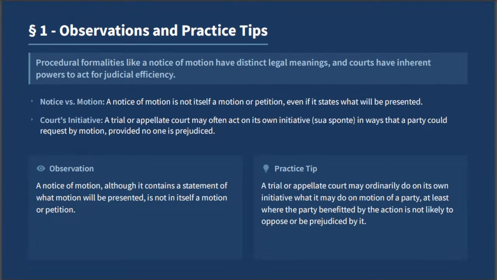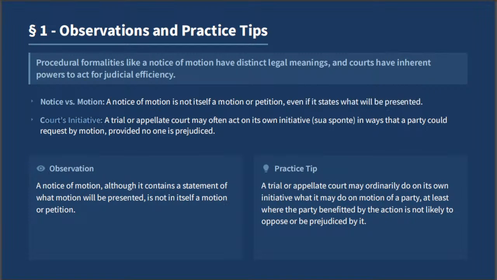All right, we're on to the observations and practice tips here for Section 1. The procedural formalities like notice of motion have distinct legal meanings, and courts have inherent powers to act for judicial efficiency. There's notice versus a motion. A notice of a motion is not itself a motion or petition, even if it states what will be presented.